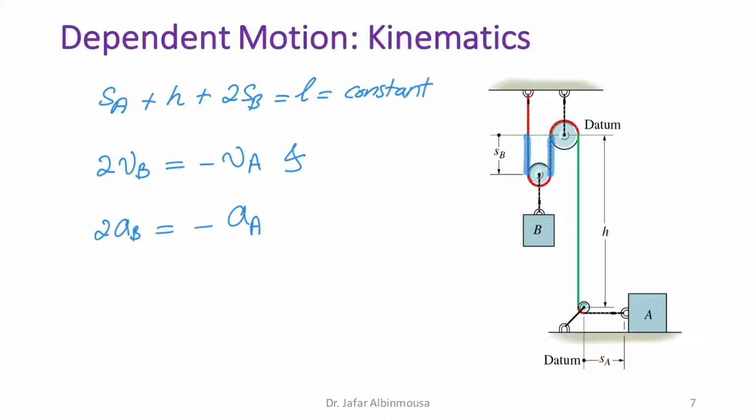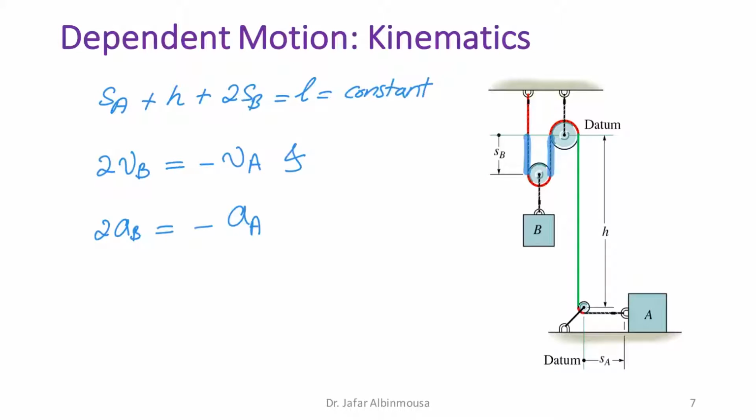Now, if you move A toward the positive side, it means that you are going to substitute a positive value over here. And then you will have a positive multiplied by a negative, which means that the velocity of B as a direction is going to be negative, which makes sense. Because if A moves to this side, we all can see that B will move upward. And upward is negative with respect to the datum, the positive direction being downward.